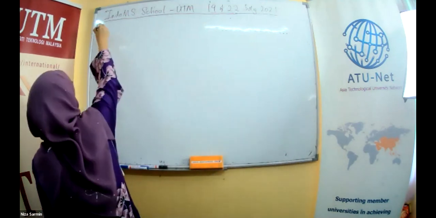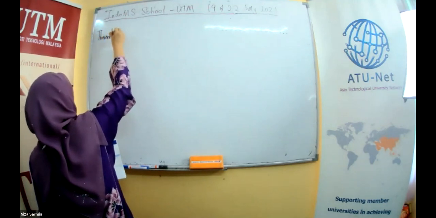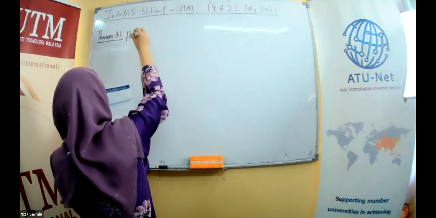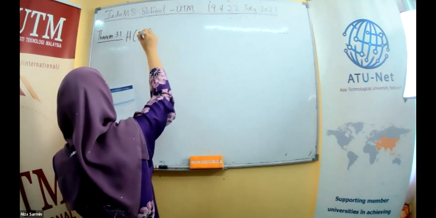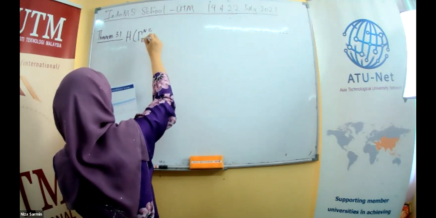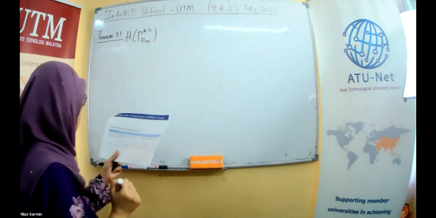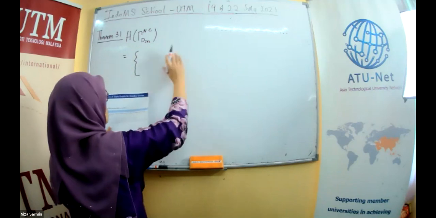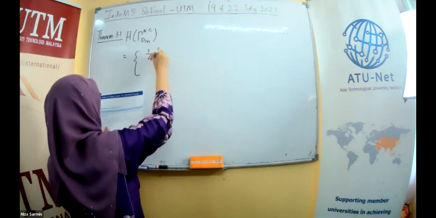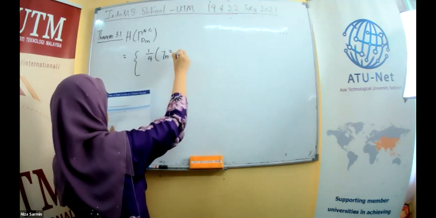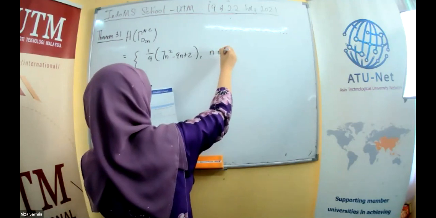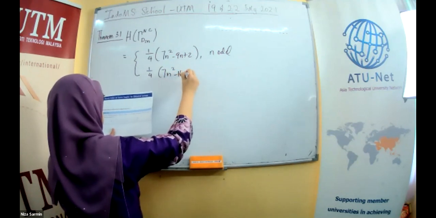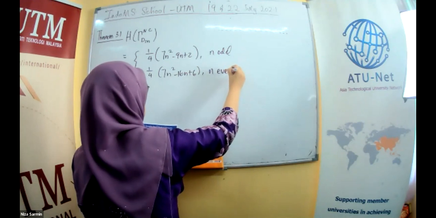So I call it theorem 31. H of the non-commuting graph for n bigger or equal to 3 is equal to 1 over 4 (7n squared minus 9n plus 2) for one case, and 1 over 4 (7n squared minus 16n plus 6) for the other.